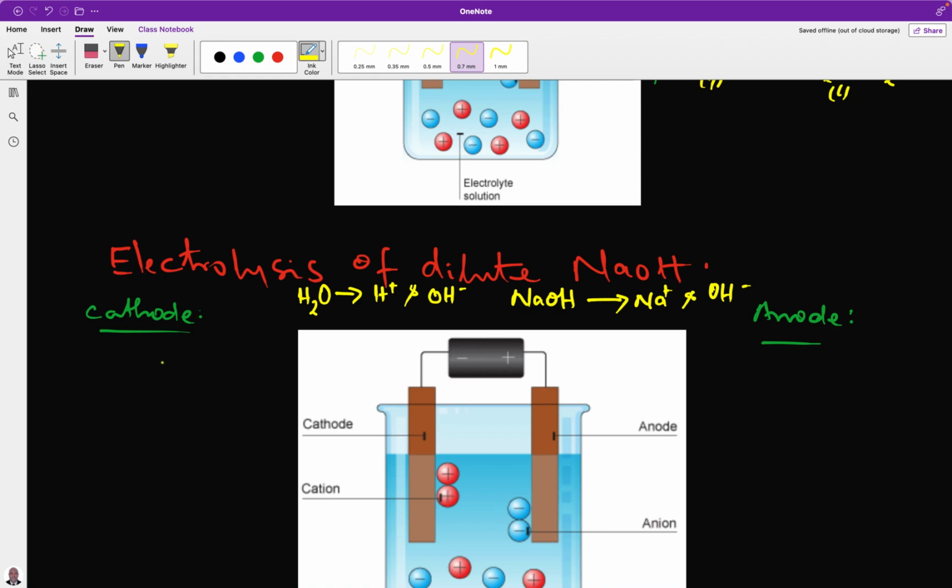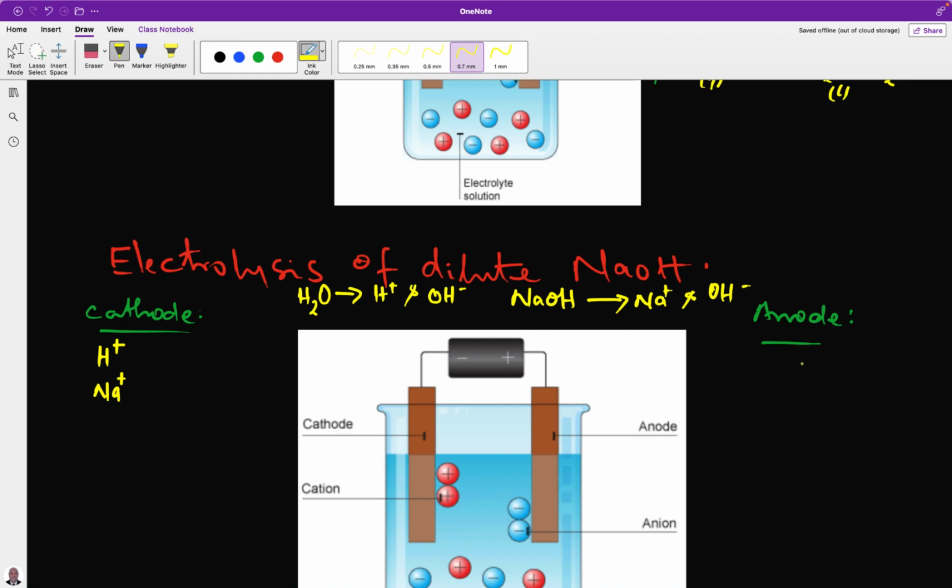So this one comes here, and from here the other one also comes here. Now, at the anode, the anions will go there.